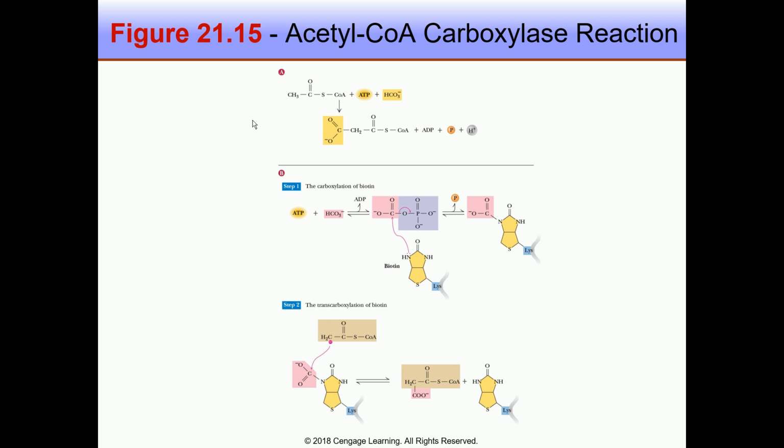And in this part, what is happening is the acetyl coenzyme A carbanion attacks on the carboxyl carbon. This is the carboxyl carbon of N-carboxy biotin, which was formed here.